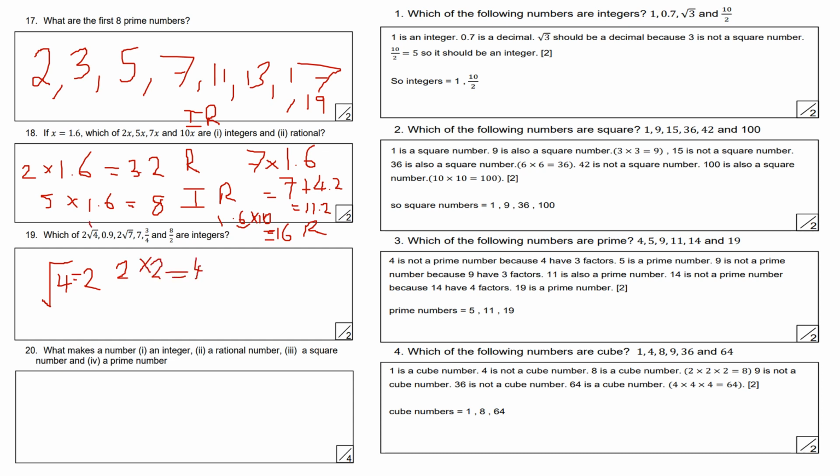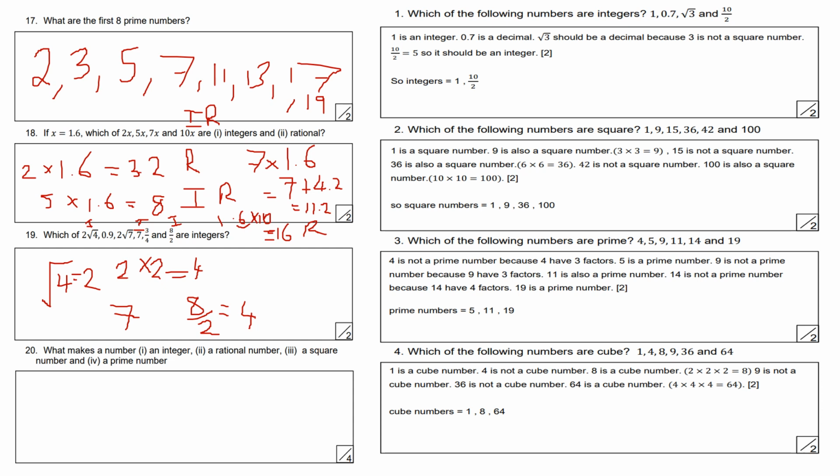Okay, so I'll put a little I there for integer. 0.9 is a decimal, so it's not an integer. 2 root 7 is definitely not an integer because 7 is not a square number. 7 is an integer. 3/4 gives you the decimal 0.75, so that's definitely not an integer. And 8 halves is an integer because 8 divided by 2 is 4. So 7 and 8 halves are integers.